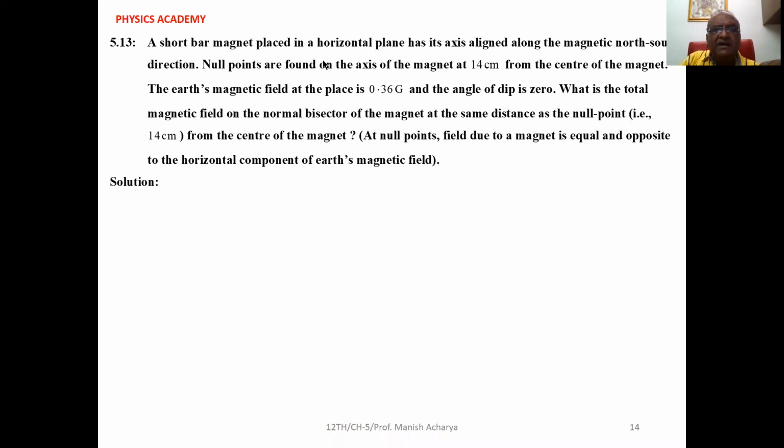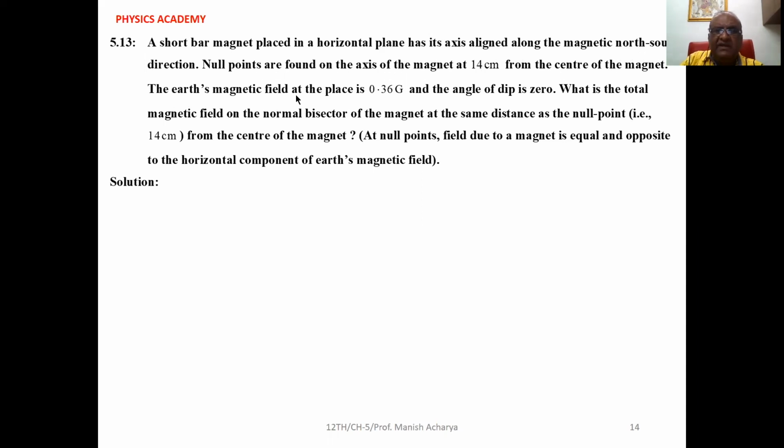5.13. A short bar magnet placed in a horizontal plane has its axis aligned along the magnetic north-south direction. Null points are found on the axis of the magnet at 14 centimeter from the center of the magnet.